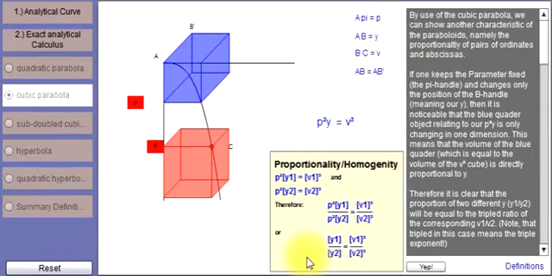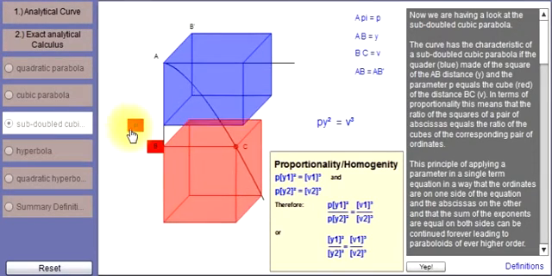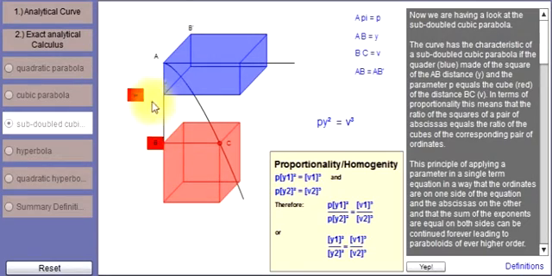And that holds true for any type of paraboloid, as we shall make clear in the next step, because in the next step we are going to look at what is called a sub-doubled cubic parabola. So the terminology becomes longer, but the principle is basically staying the very same.